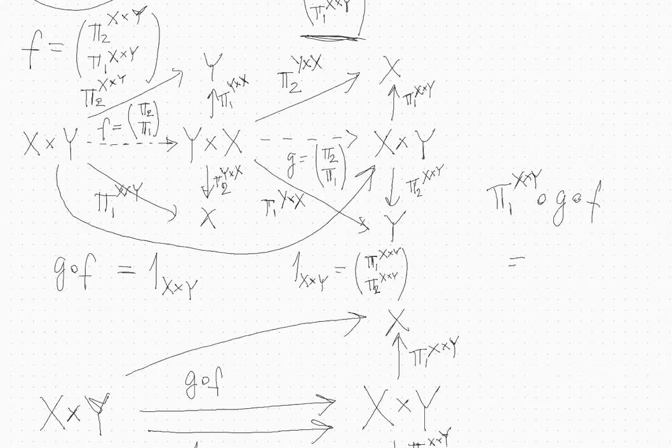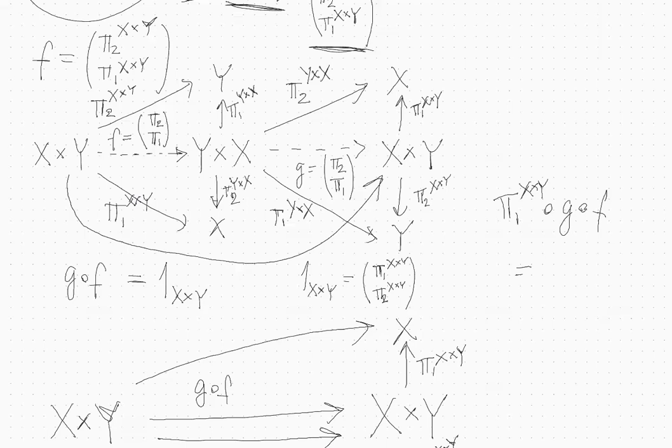I've got my morphism G from Y cross X to X cross Y, which I'm going to make thicker now, which is defined as the column pi2, pi1, right?